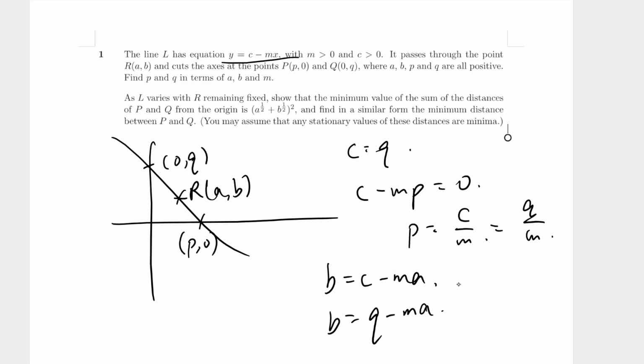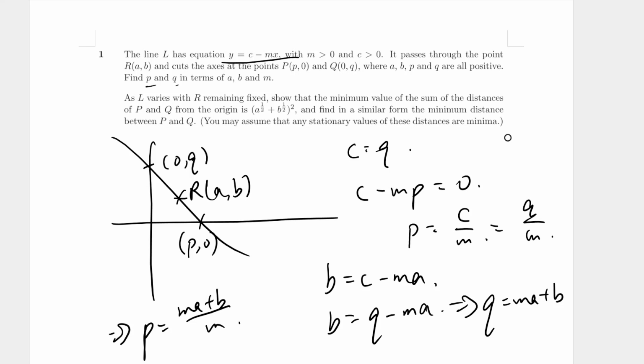So okay, I want to find P and Q in terms of a, b, and m. Okay, so this already gives me my Q. Okay, my brain isn't quite working today. So this is Q equals ma plus b. Well, that implies that P has to be (ma plus b) over m, right?